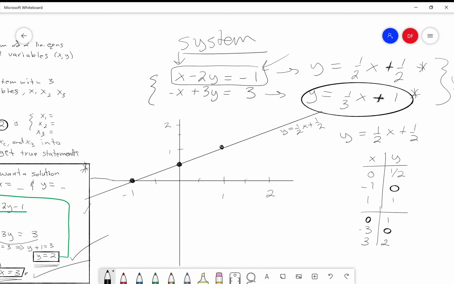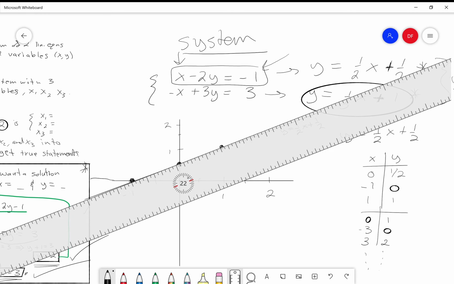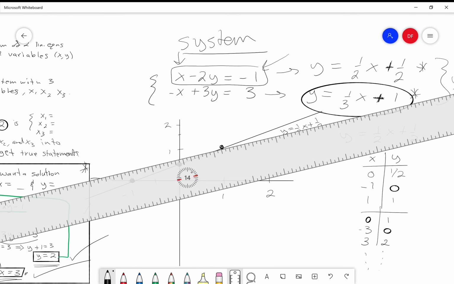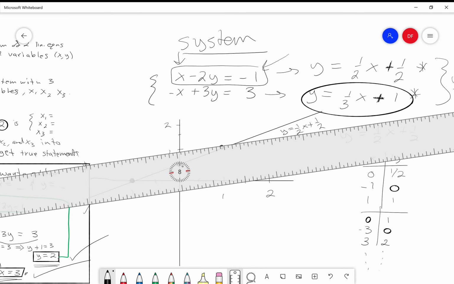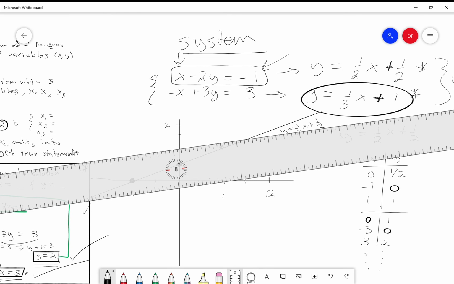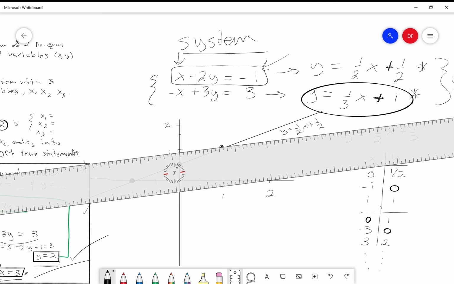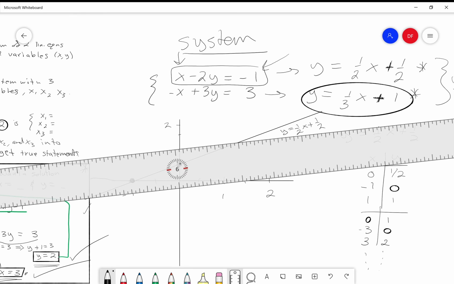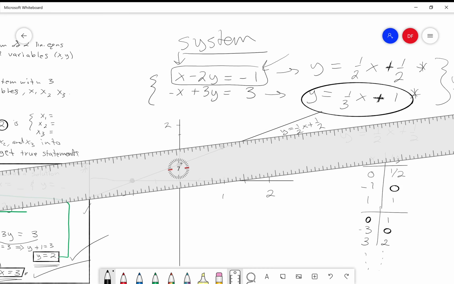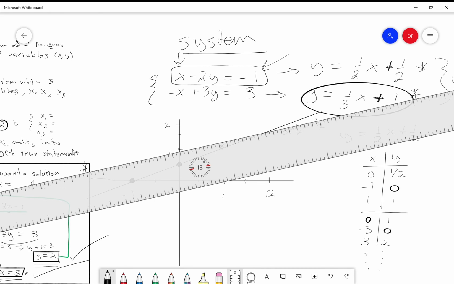So actually, I can do more numbers here. And when I graph this one, what I will get is something like this. It goes through 0, 1, this point right here. So the line will give me something like that. Actually, it'll give me something like this.